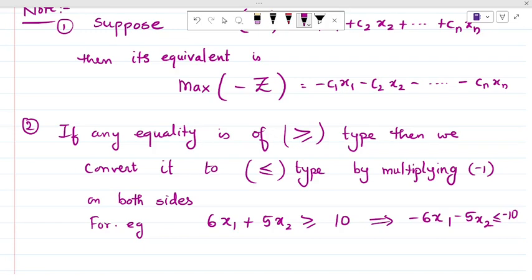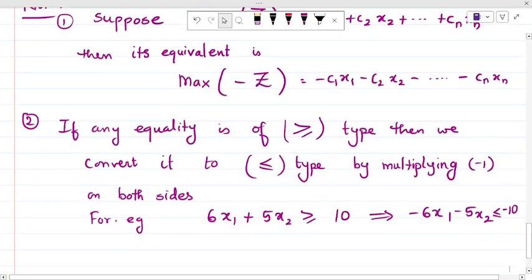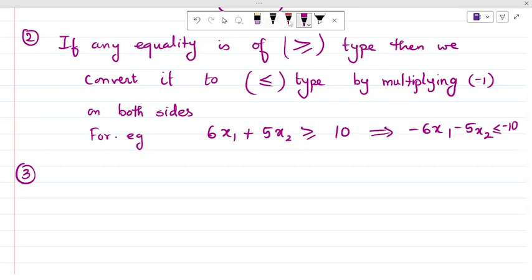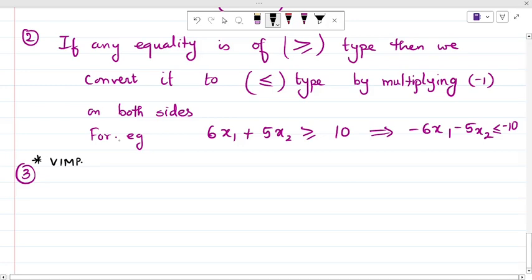Okay, now there is one very important thing: if there is an equality, how to handle it. These were inequalities, but if an equality comes, how do we handle it? This is a very important part, and it is very unusual.